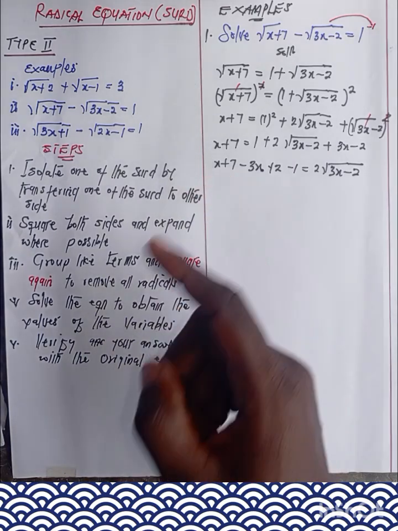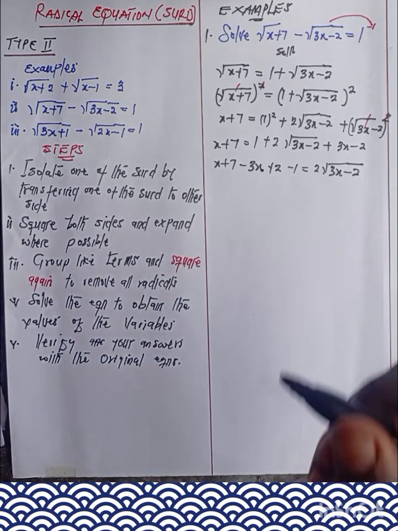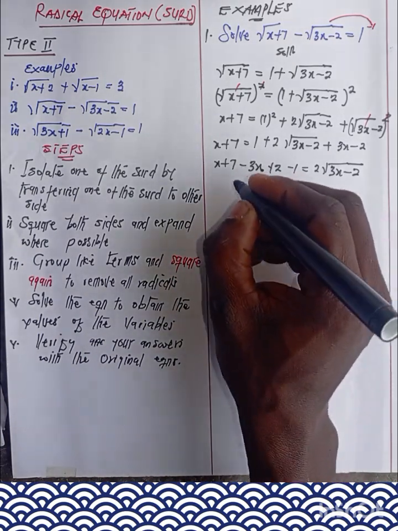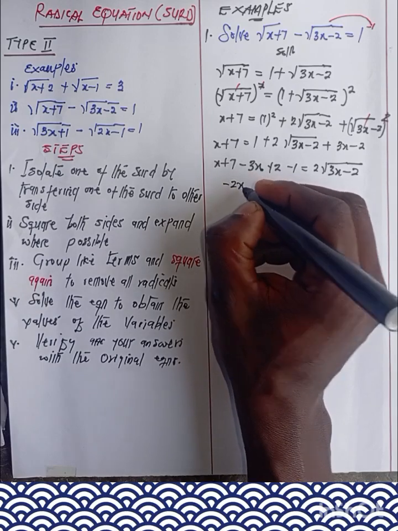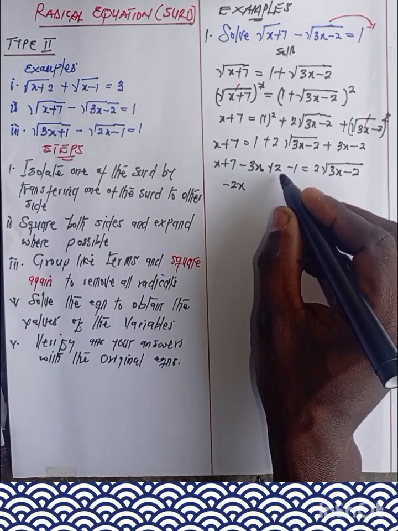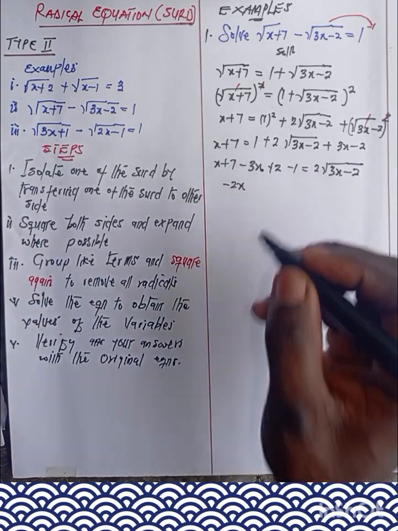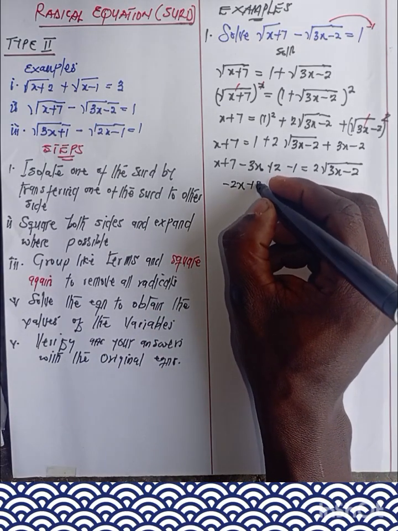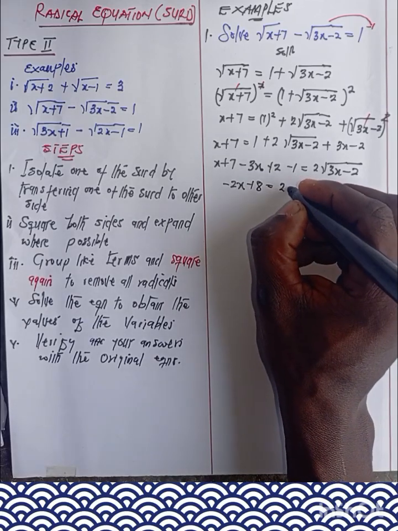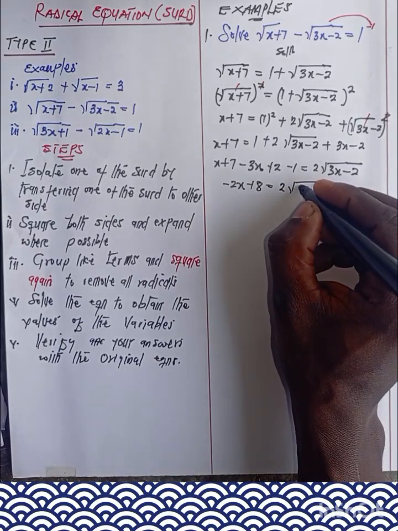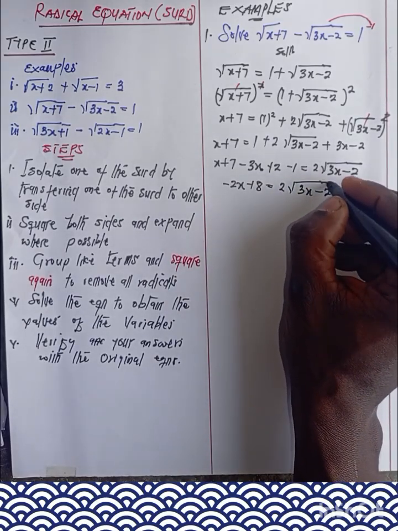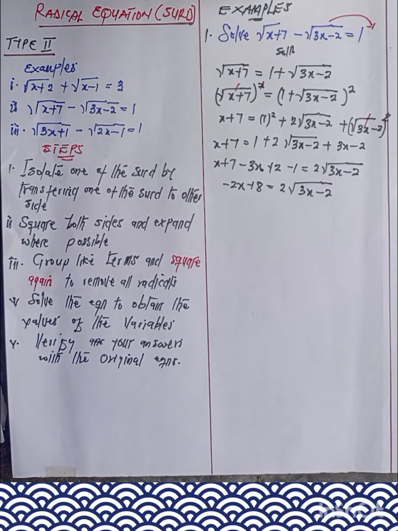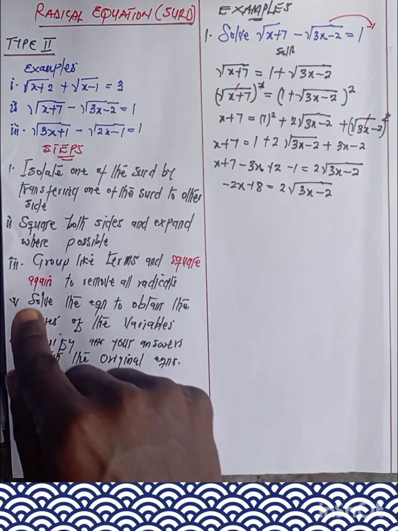So we have x minus 2x, you are getting minus x, minus 3x, you are getting minus 2x, and then 7 plus 2, we are getting 9. 9 minus 1, we are getting what? 8. So plus 8 is equal to 2 root of 3x minus 2. Now it says group like terms and square again.